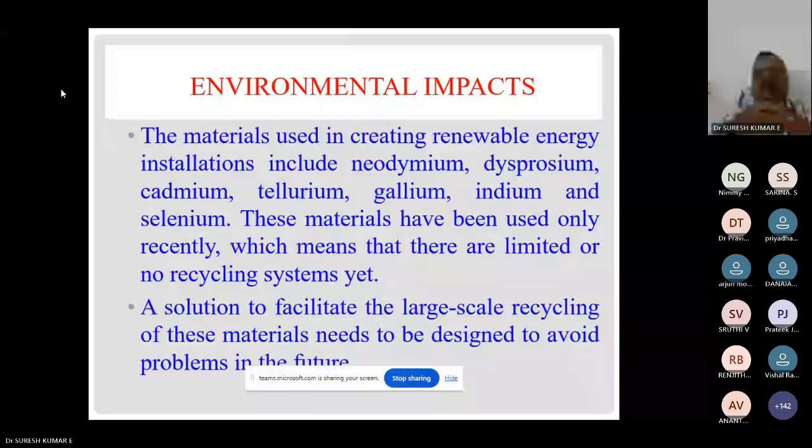Okay, so I will once again talk about this slide. The materials used in creating renewable energy are a concern. Recently we started to use neodymium, dysprosium, cadmium, tellurium, gallium, indium, and selenium. And these are used only recently. That means we don't know the hazardous issues, because there are limited or no recycling systems now.